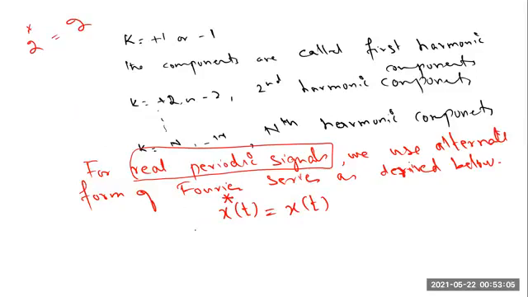So x(t), its complex Fourier series representation is this one: a_k e^(j k ω0 t), where k is from minus infinity to plus infinity. Let's take the conjugate on both sides.